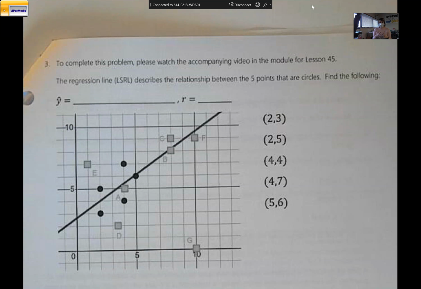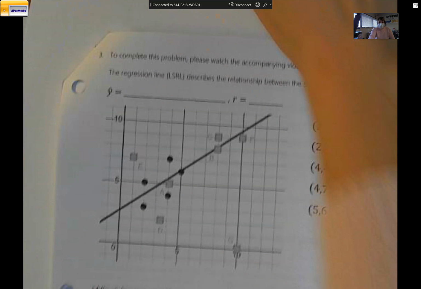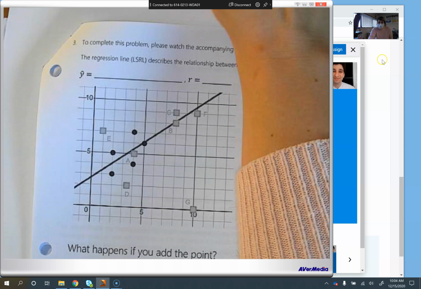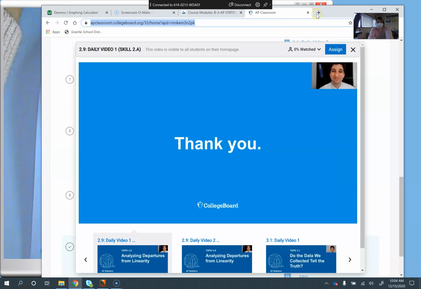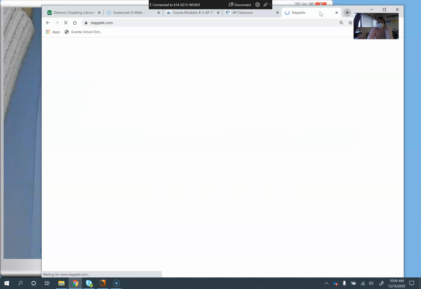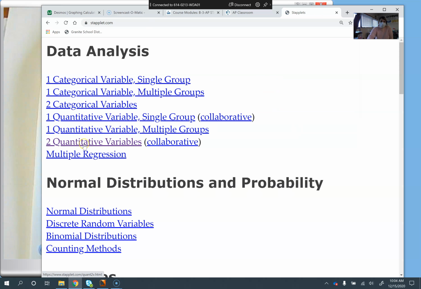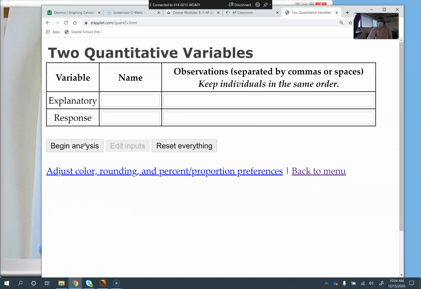And we are going to investigate what happens to scatter plots and descriptive values when we add influential points. So I'm going to change my screen now to Statlet. And we are choosing 2 quantitative variables. This does not give us names for our X and Y, so we're going to skip the name, but we're going to type into our explanatory our X values.